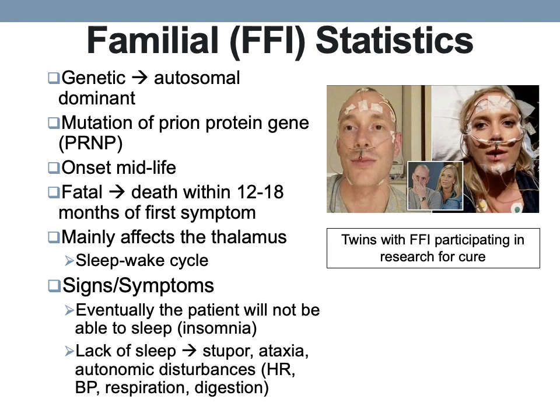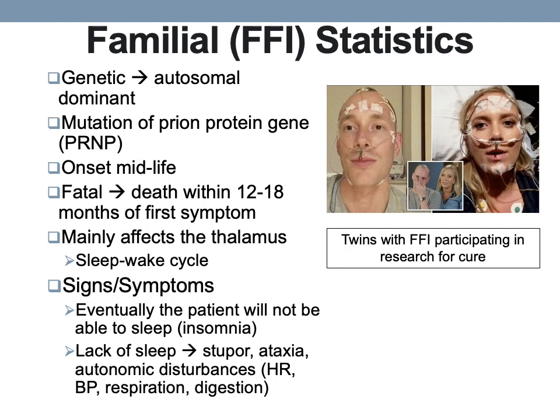And the thalamus plays a role in the sleep-wake cycle that we talked about in neuro and muscle physiology. The signs and symptoms are eventually the patient will not be able to sleep. They'll have insomnia, ergo that's why it's called fatal familial insomnia. They'll wake up one day and never be able to go back to sleep.